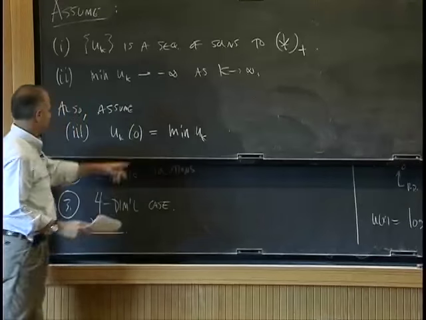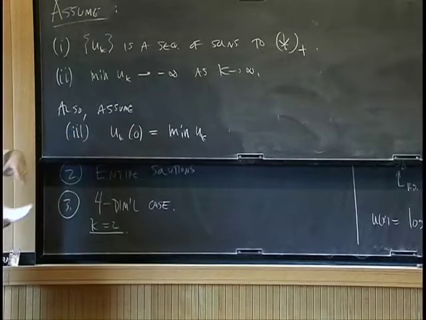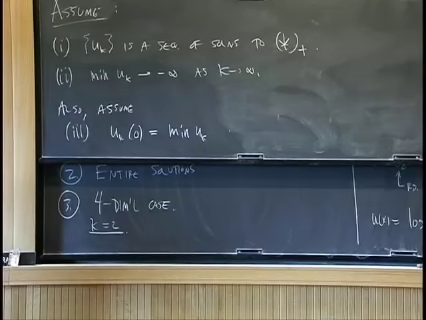And what I want to do is identify this point with the origin in Rn by introducing normal coordinates.